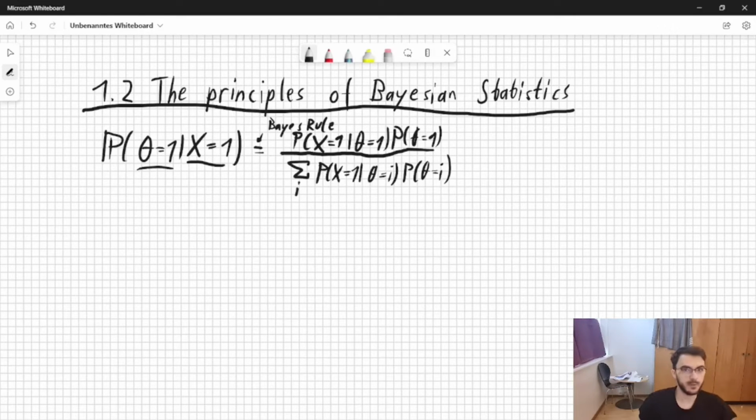And what we want to prove is that this rule holds for densities.